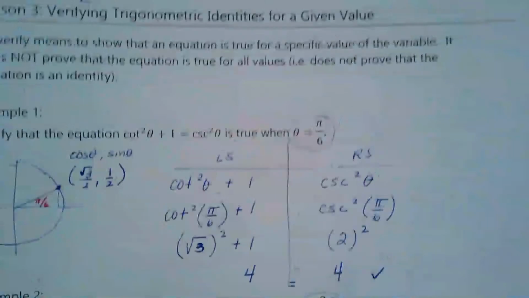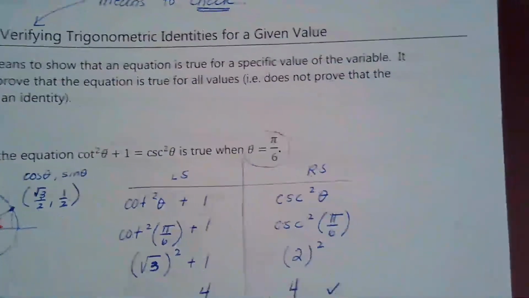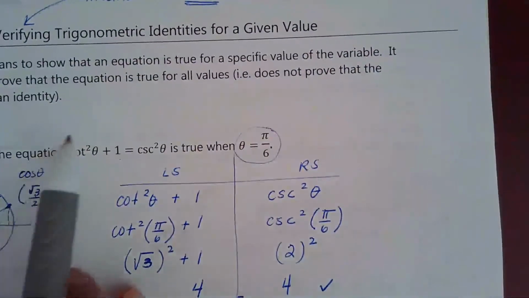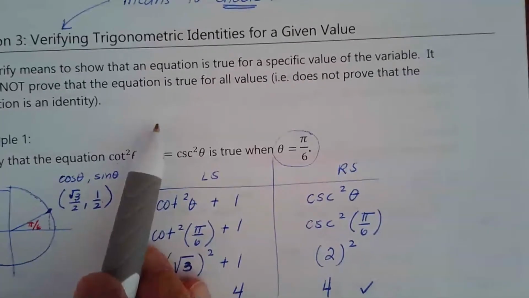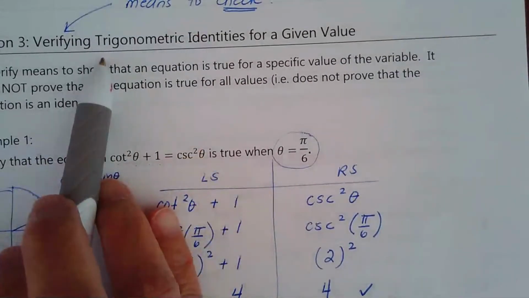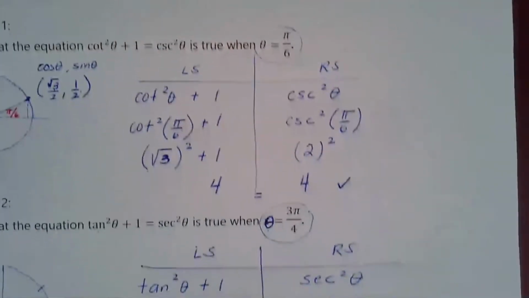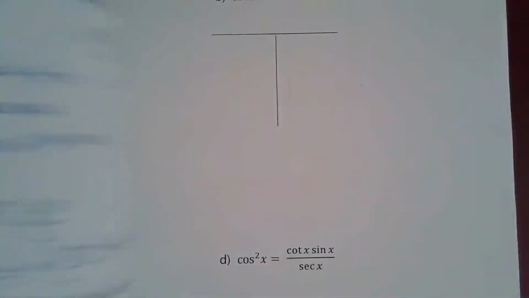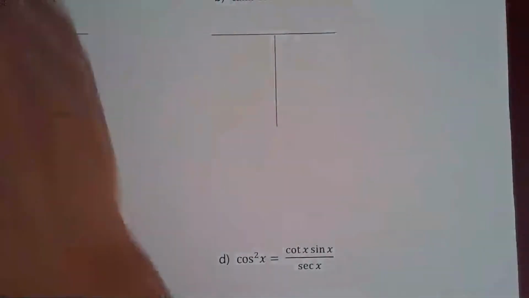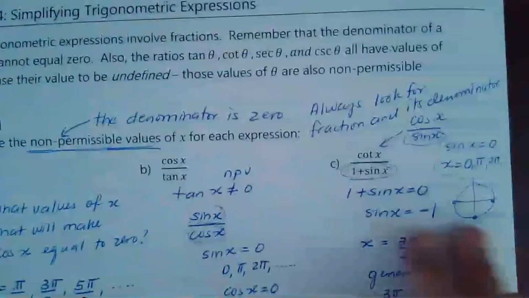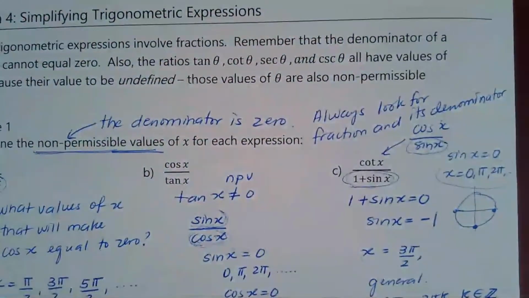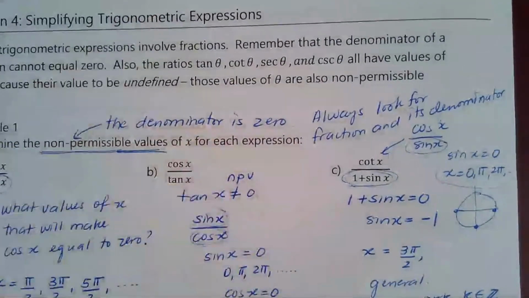And then we talked about verifying. That's a way to check that the left side of the equation will balance the right side of the equation. So you've got some examples of that. And then we have simplifying trig expressions.